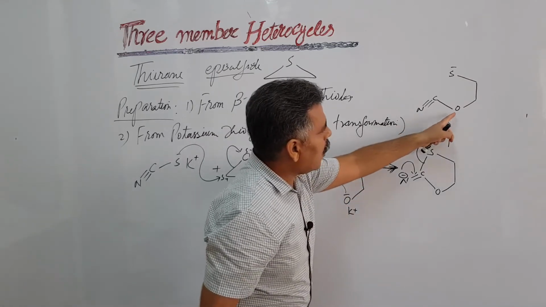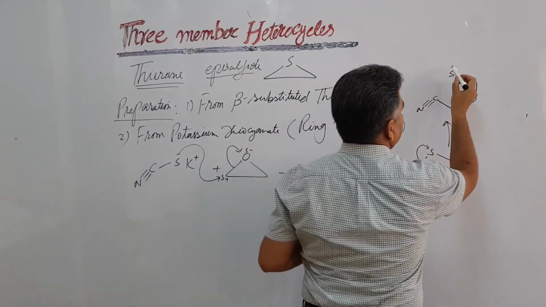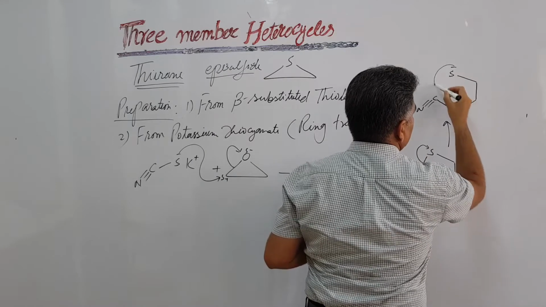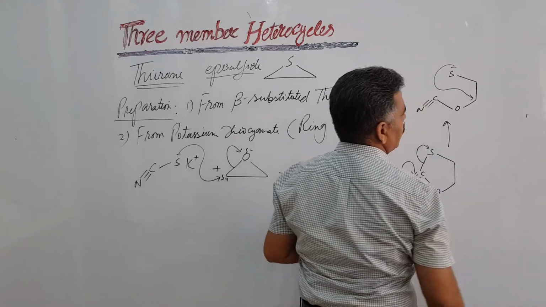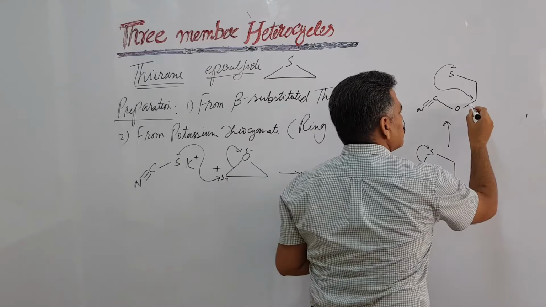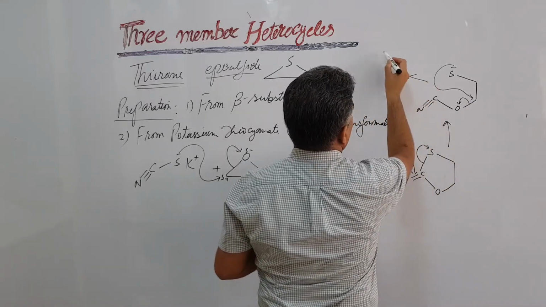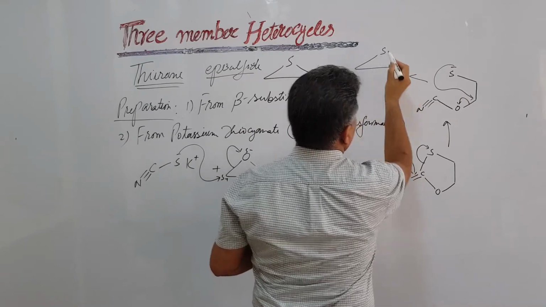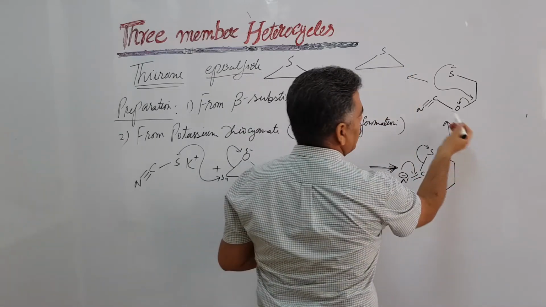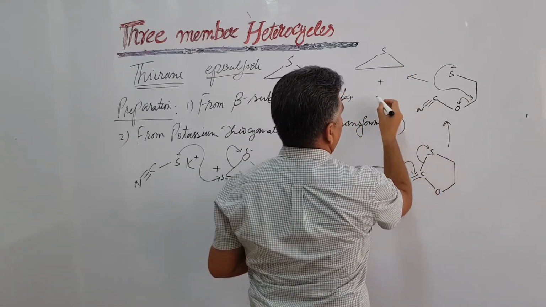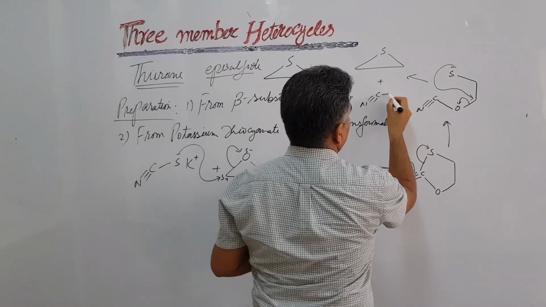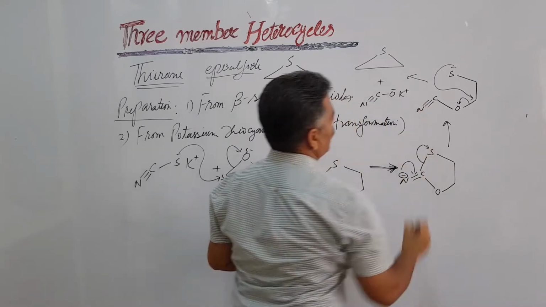attached with oxygen. Okay, and then this negatively charged sulfur attacks this electrophilic carbon and this bond is shifted to oxygen. So here we have Thiirane and it removes as C triple bond N, O negative, K positive.